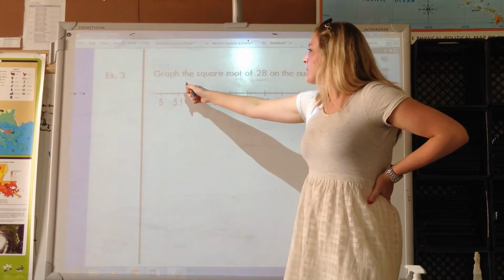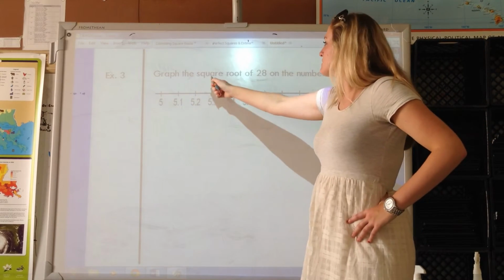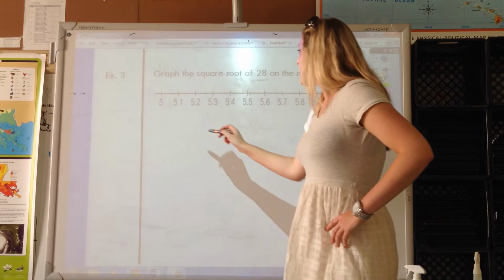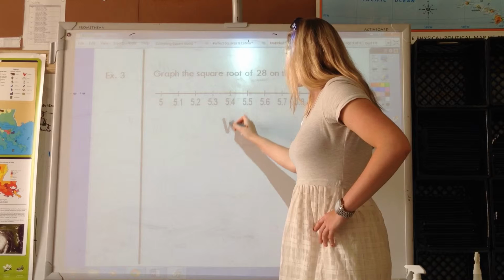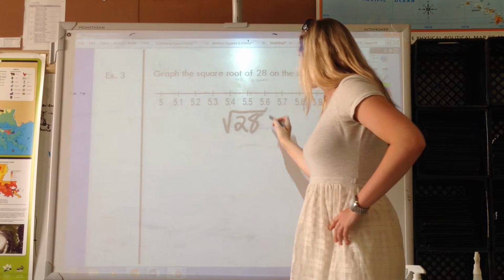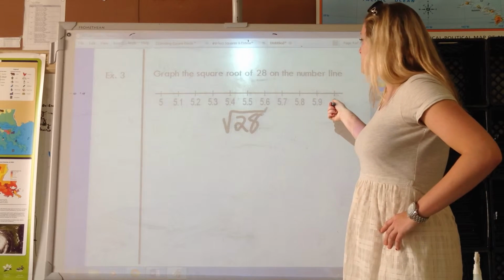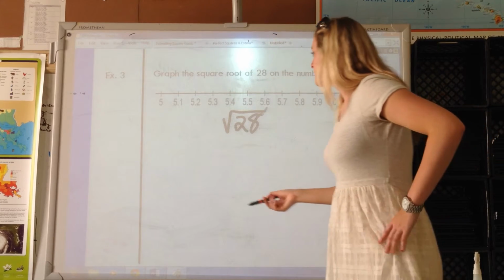All right. My last example, and then you guys are going to practice. Graph the square root of 28 on the number line. So the first thing I need to figure out is what numbers are around it. Of course, we see that the number line already shows it between 5 and 6.